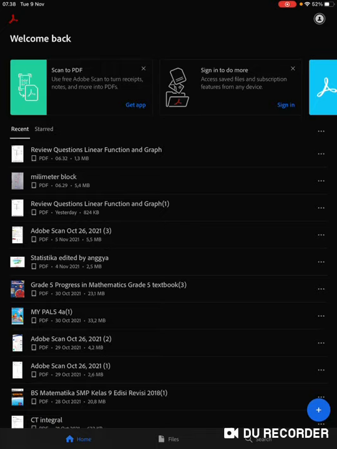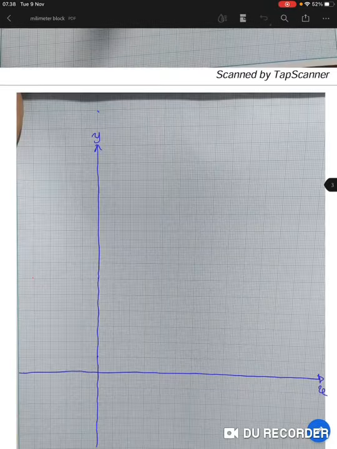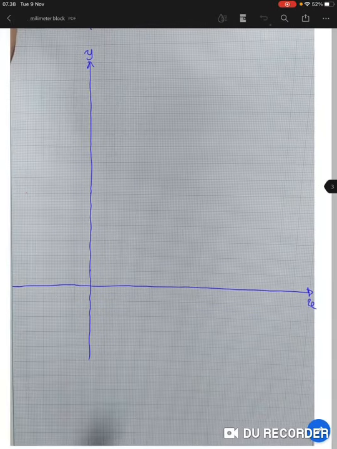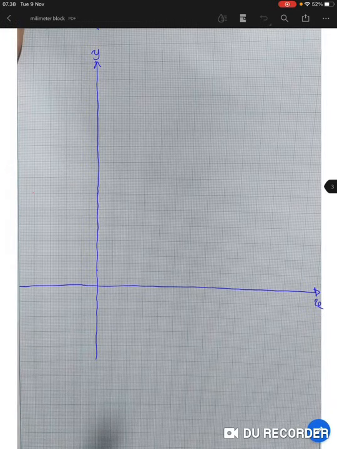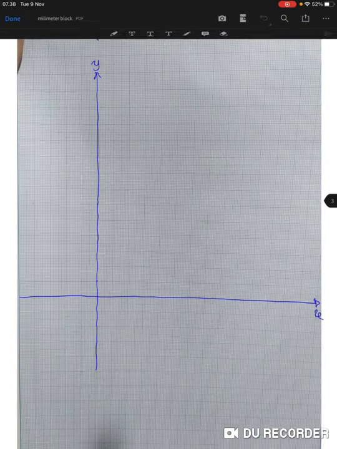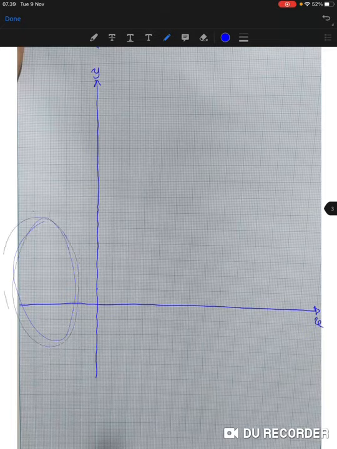Now start to open your millimeter block here. Please make an x and y. Make sure you give more space on the left side here, because you have negative 1, right? Like this, you give a space. Alright, move on.